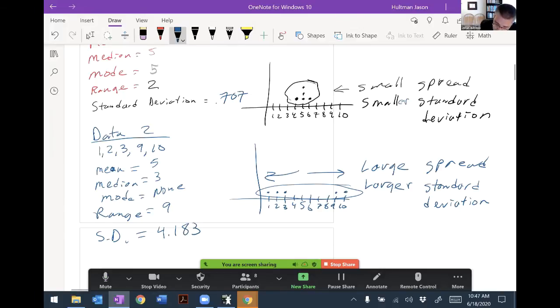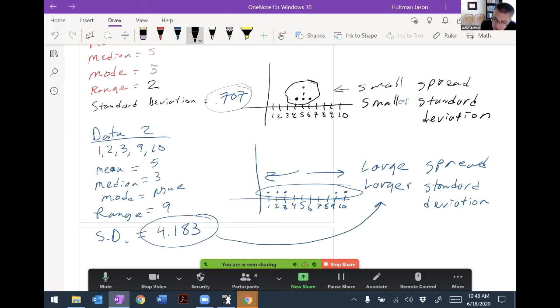It is 4.183. This is a big number relative to the data values. This is a small number, less than 1. So which one had the larger standard deviation? Larger standard deviation went to data set 2.